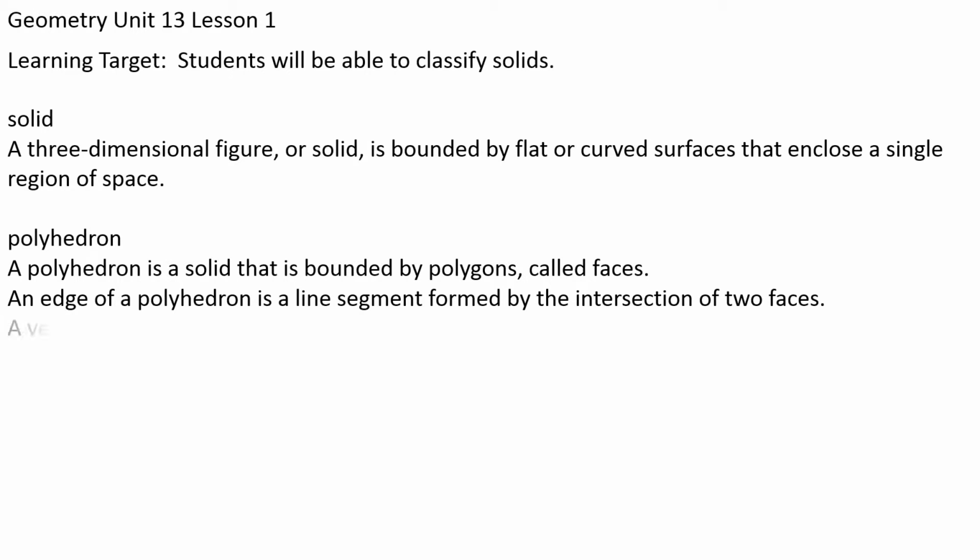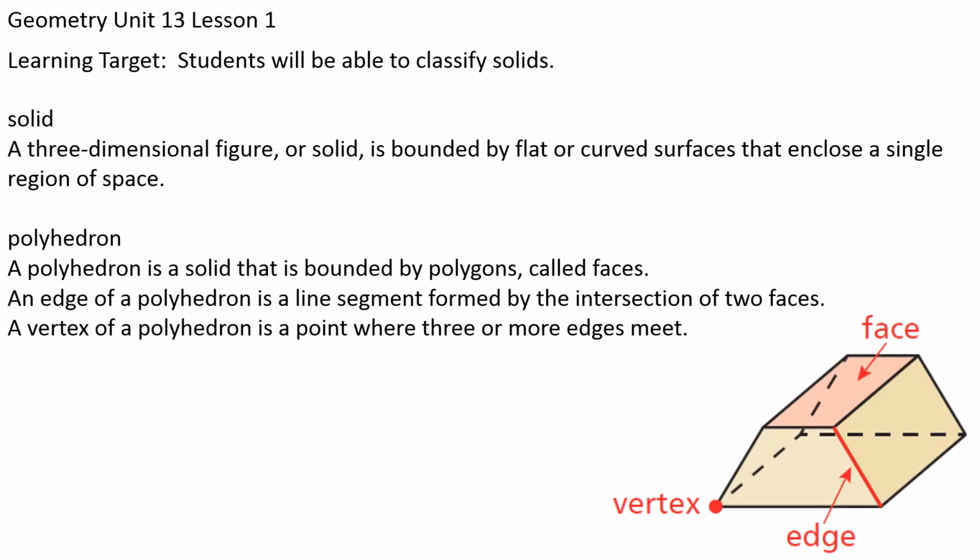That's kind of like a line segment. And then for the corners, we call each of those a vertex. All right, and so you can take a look at the diagram, say, okay, each side is a face. The faces meet at an edge. And then where the edges meet, you've got a vertex.